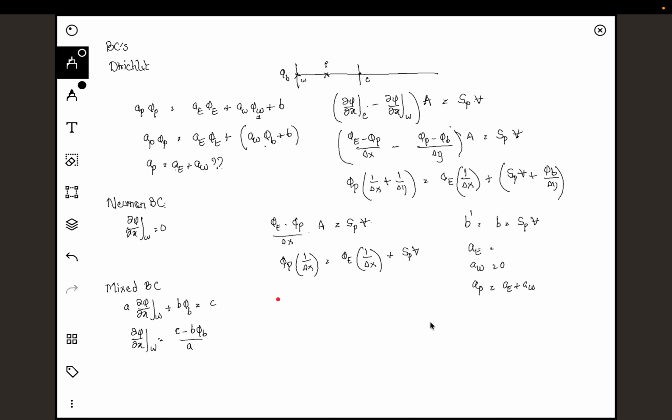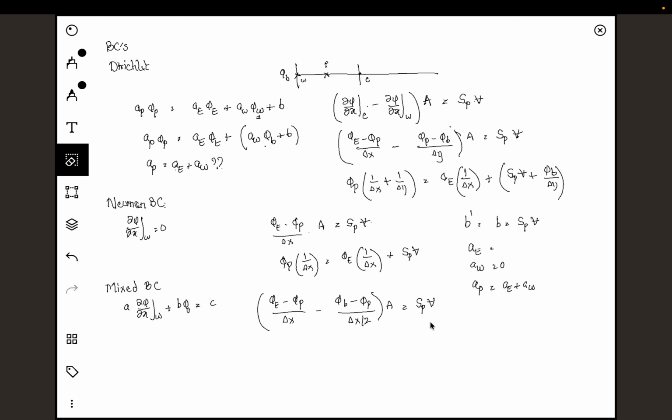So we have del phi del x, which is phi e minus phi P by delta x minus phi boundary minus phi P by delta x times A, into something like this, where the flux on this boundary is calculated as phi b minus phi P by half cell, delta x by 2. Sp times V. Usually we will not be given phi b, we will actually be given something else. So something like this. That will be the problem.